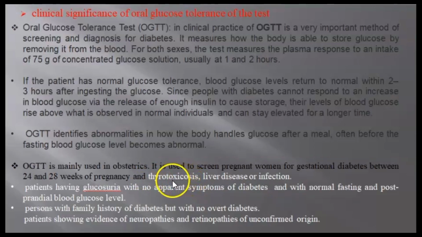And also in the case of thyrotoxicosis, that is the hormones responsible for the swelling that we normally see in patients at their neck regions.